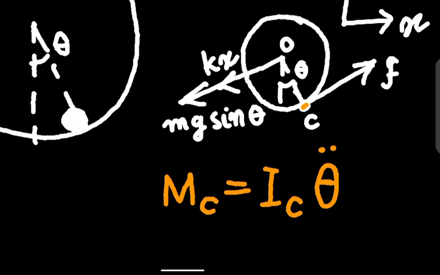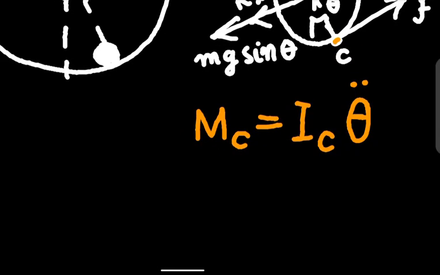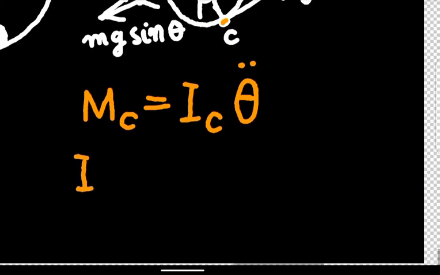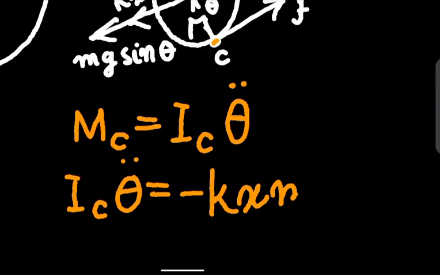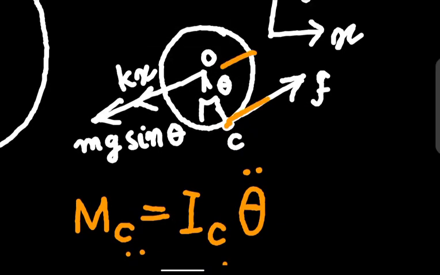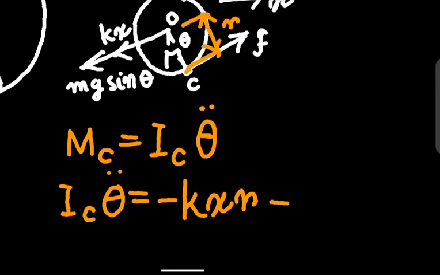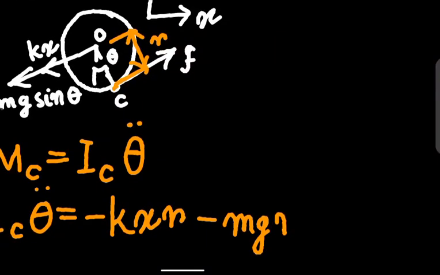Okay, and as they are opposing the direction, we will simply write I_c theta double dot is equal to minus kx, which is the spring force, times r, as this distance is r, small r, minus mg sin theta, and this is also at distance r, so this will be nothing but mgr sin theta.